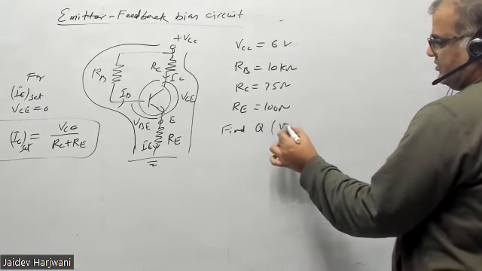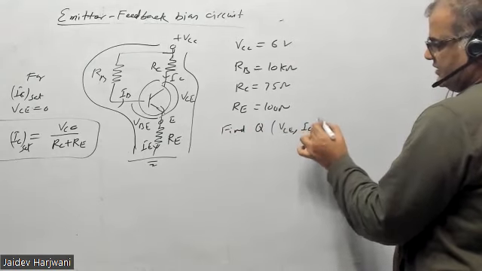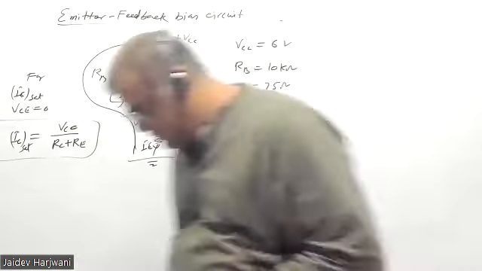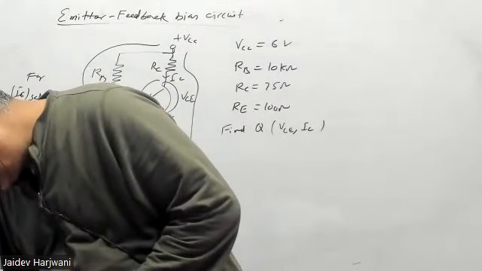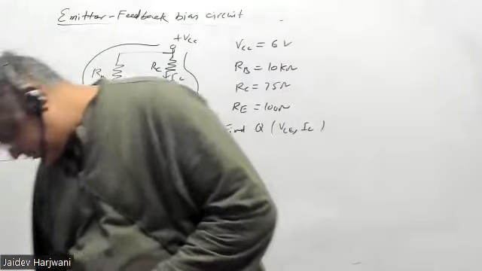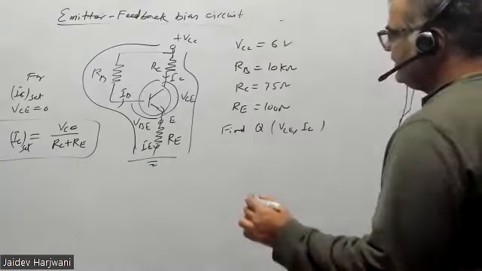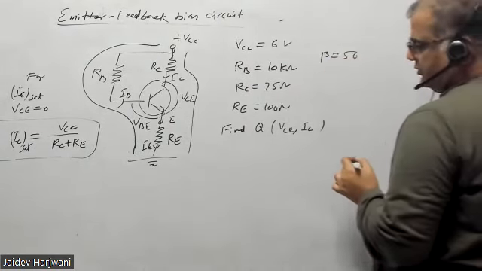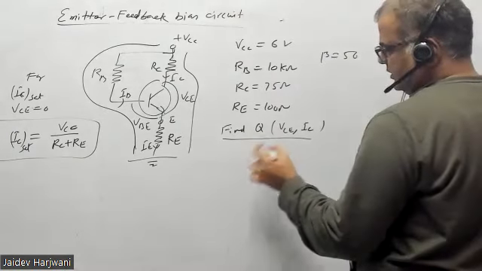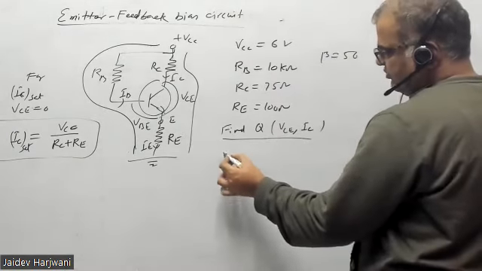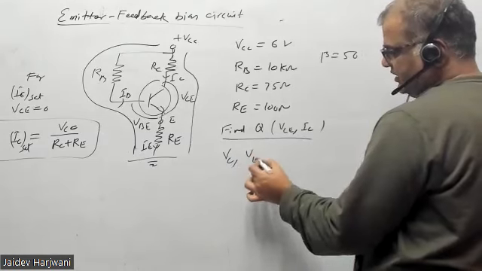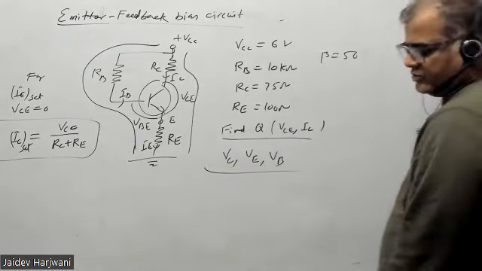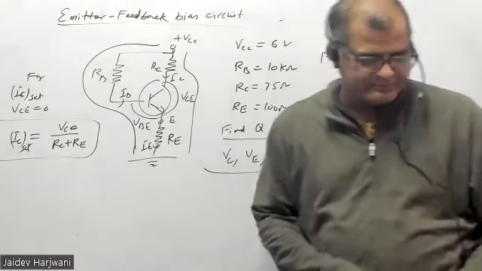Q means VC and IC in the circuit. And the beta value is given in the question. Beta is 50. So you have to find this, and at the same time you have to find VC, VE, and VB. These two points also you have to find.